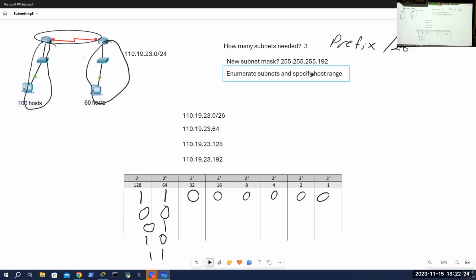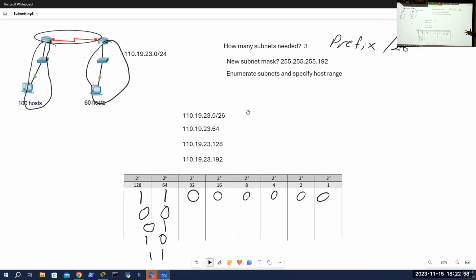So what do we do? We VLSM it. Instead of looking at this problem from how many subnets we need, first, if you were the network engineer solving a problem like this, the first thing to do is count up how many hosts and see if you even have enough address space, period.